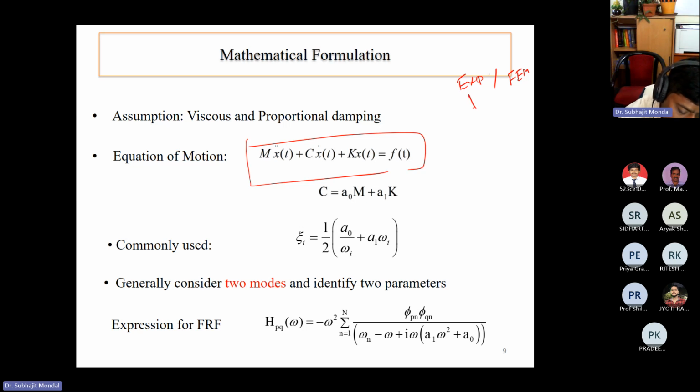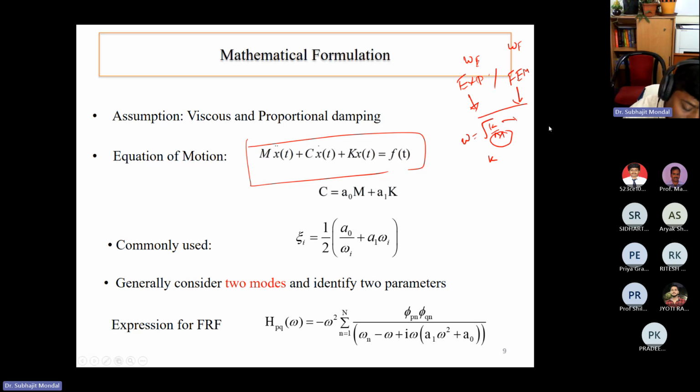We observe that there is a big difference between the experimental observation and our FEM modeling. Next, we observed that omega, the frequency, is root under K by M, and mass we can measure very accurately. So we are going to play with the K so that our experimental omega and numerical omega match very well.